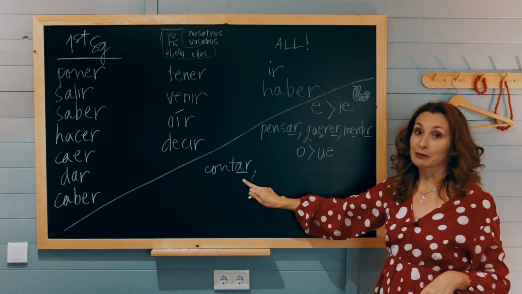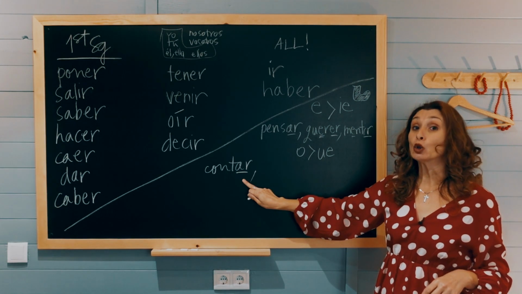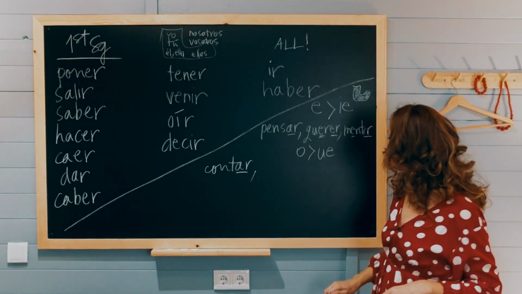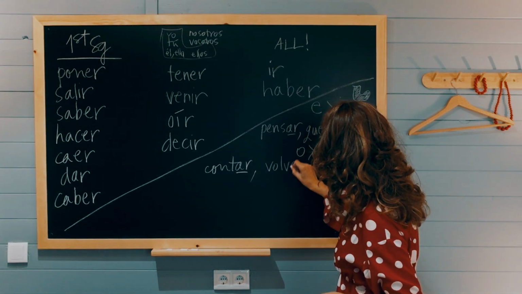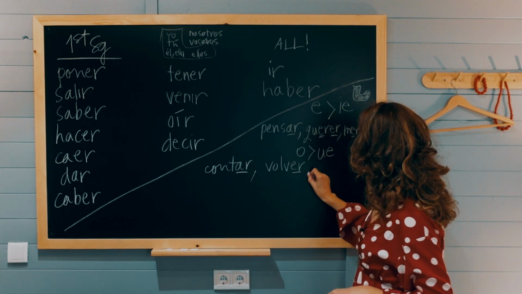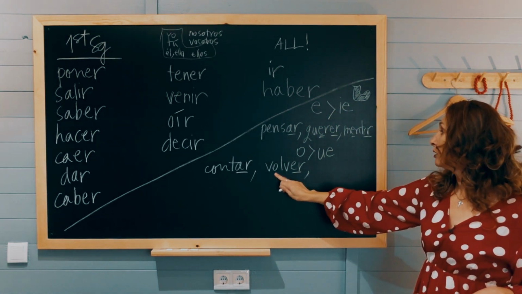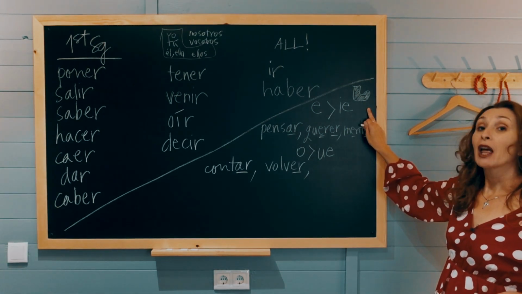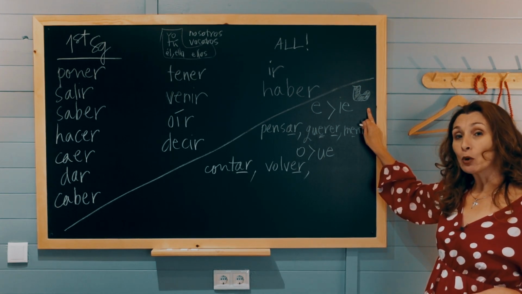In Spanish: cuento, cuentas, cuenta, contamos, contáis, cuentan. An example from the second conjugation, again this o will become ue inside the boot: vuelvo, vuelves, vuelve, volvemos, volvéis, vuelven.